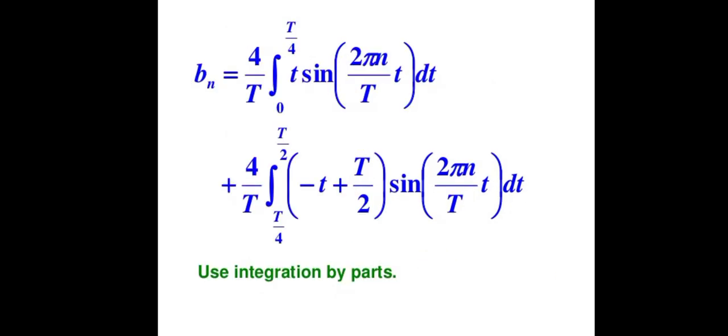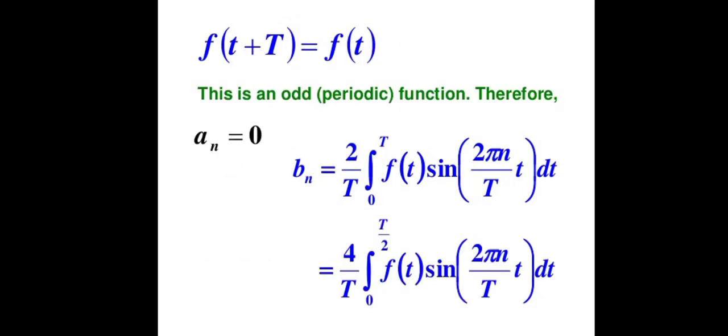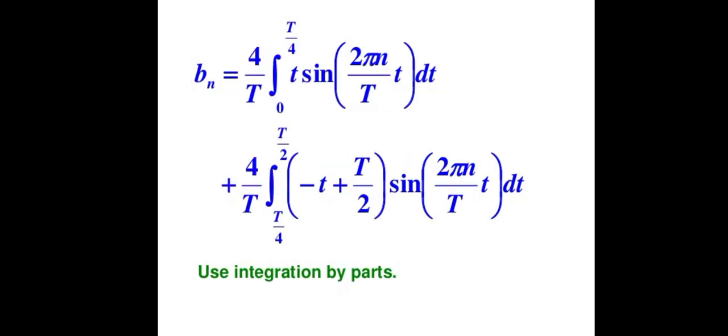Next, 4 upon T, 0 to T upon 4, t sin 2 pi n t divided by T dt, plus 4 upon T, the integration separated into 0 to T upon 4 and T upon 4 to T by 2, of minus t plus T by 2 times sin 2 pi n t divided by T dt, using the integration by parts rule.